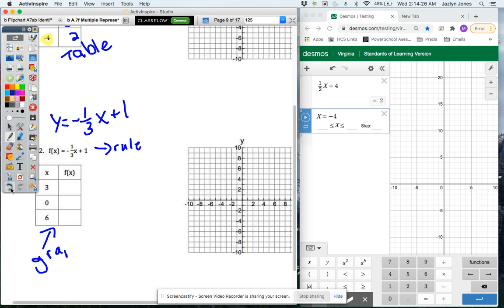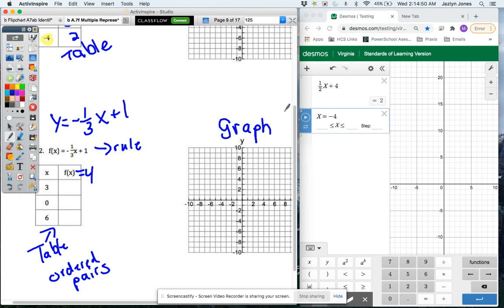I'm sorry, which is my table. This table will give me my ordered pairs so that I can plug it in to my graph. Okay. So we see that it is the same thing as saying y.